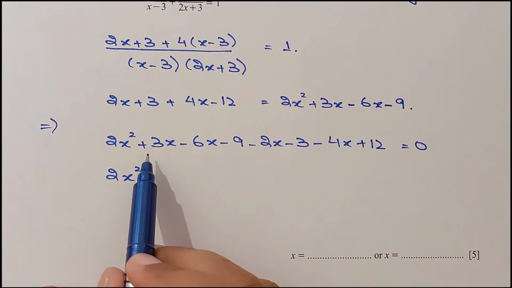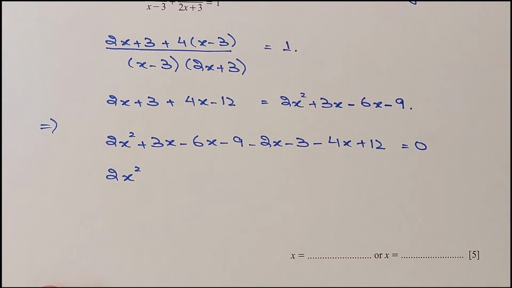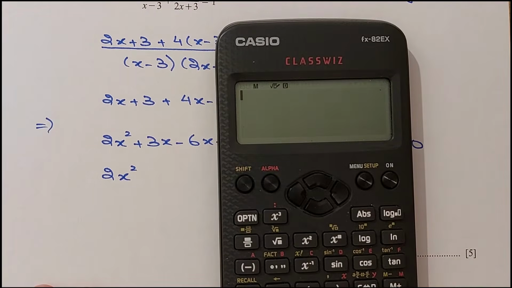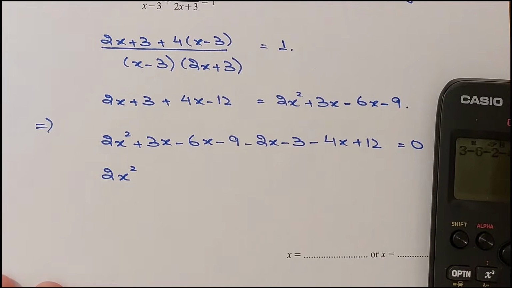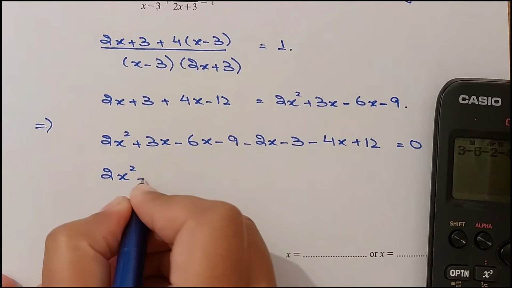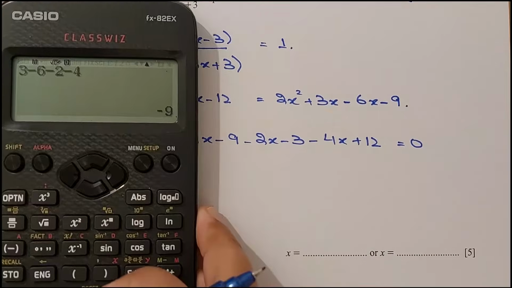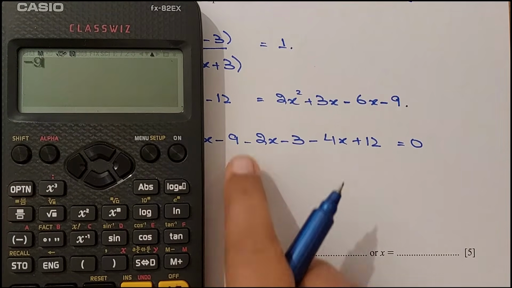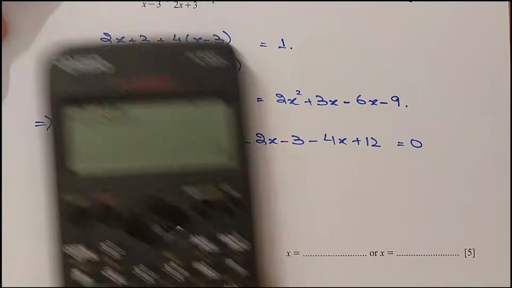Okay, let's solve the x terms. 3 minus 6 minus 2 minus 4 is minus 9x. And the constant terms are negative 9, negative 3 and positive 12. This is equal to 0.